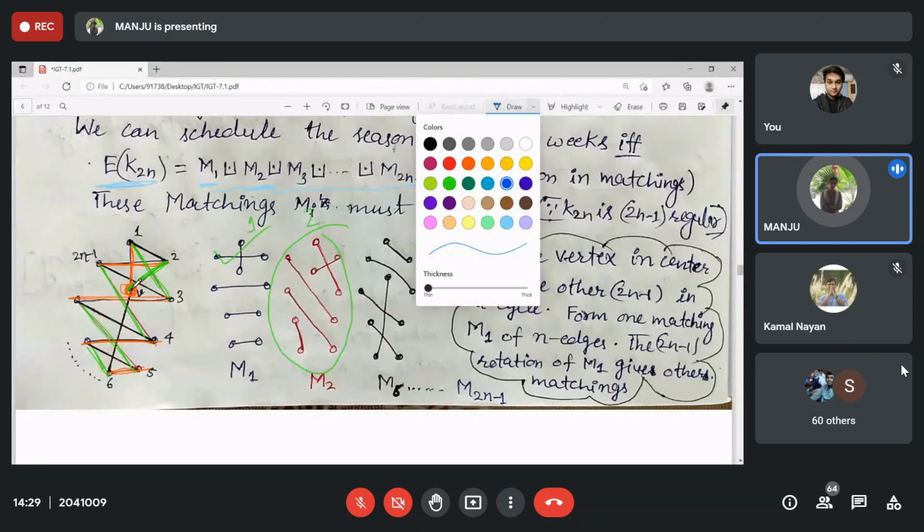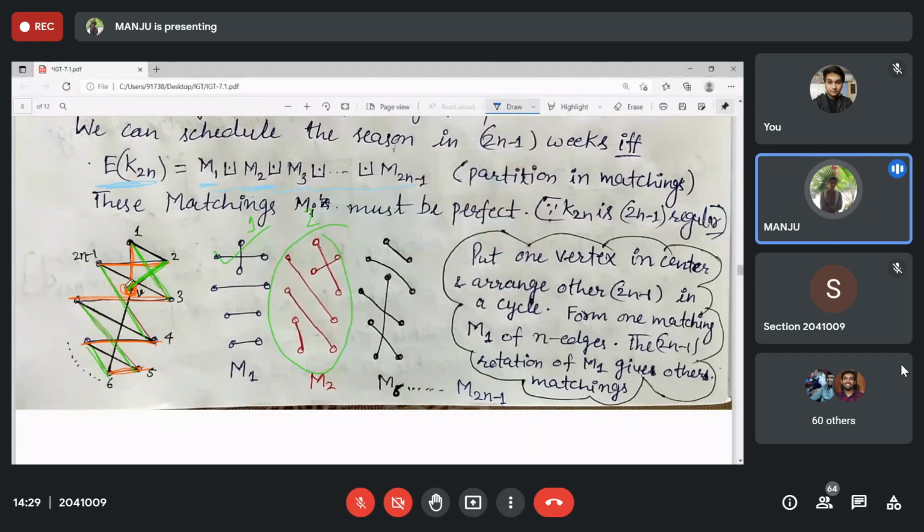Next it will be V2 to V3, right? First V2 to V1, then V2 to V3. Then the next edge will be, which one? You tell me. V2 to 3, then 1 to 4, right?